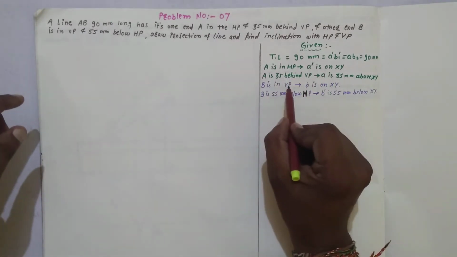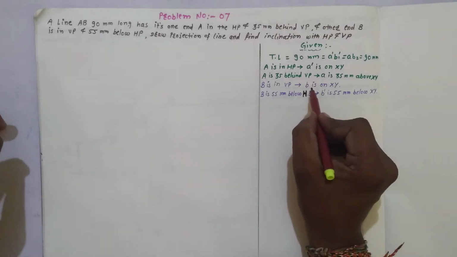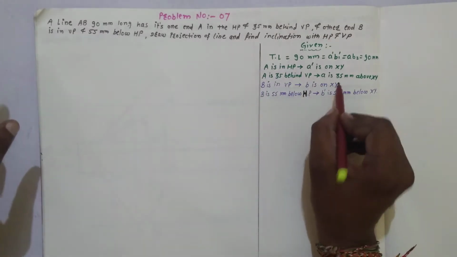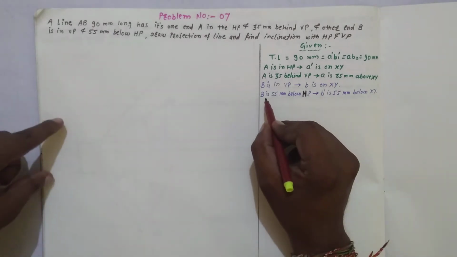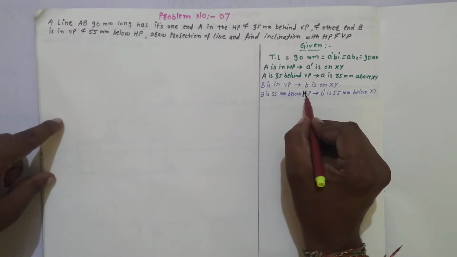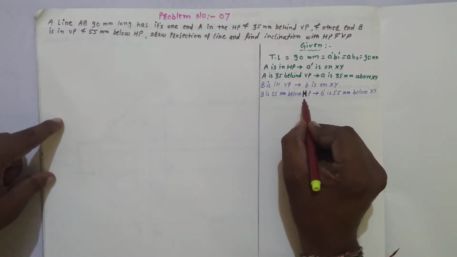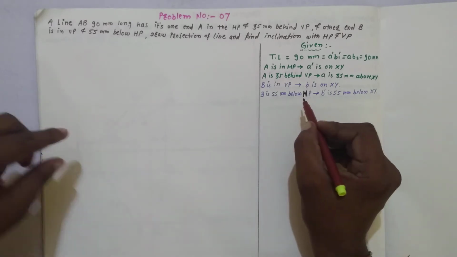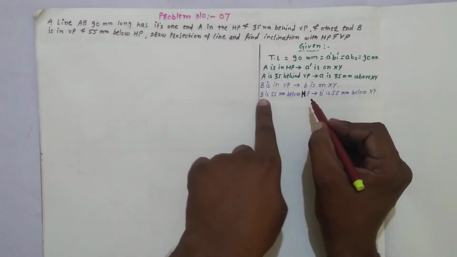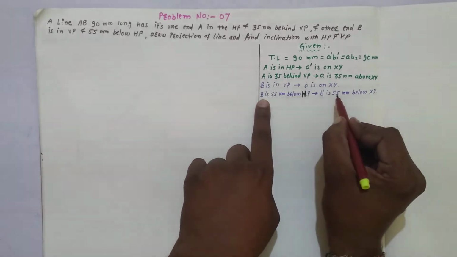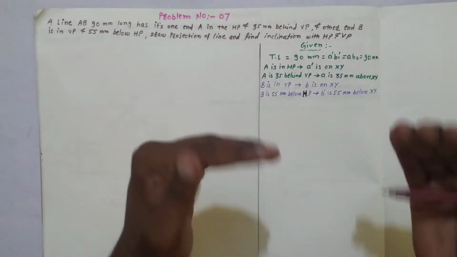Point B is in the VP, that means the top view of point B is on the XY. And point B is 55 mm below the HP, that means we have to draw in the VP. The front view of point B, B dash, we have to draw 55 mm below the XY line.